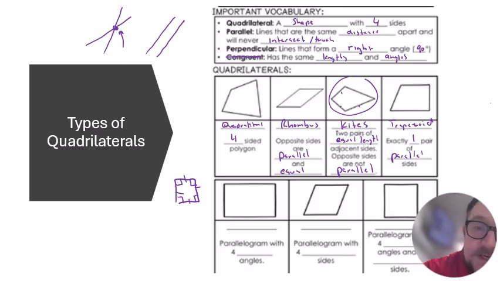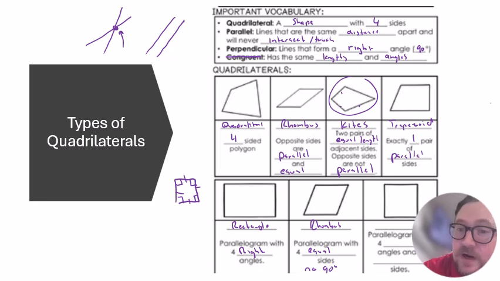Then obviously we have our rectangle here, which is a parallelogram with four right angles. And then we have our rhombus, which is a parallelogram with four equal sides, but no right angles.